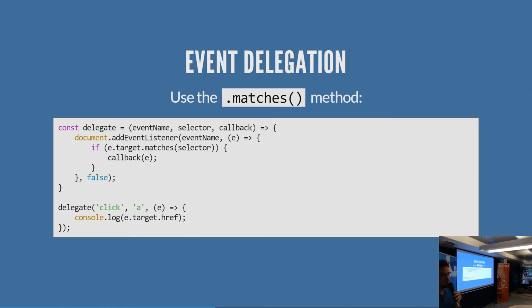We need to hook that up with something that can check if an element matches a certain CSS selector, so that we are where we were with jQuery, and that is done with the matches method that you find on HTML elements. So you would attach an event listener, and every time that event listener is notified of an event, you would check the target, and if that matches a certain selector, then you would execute the callback. So pretty easy.